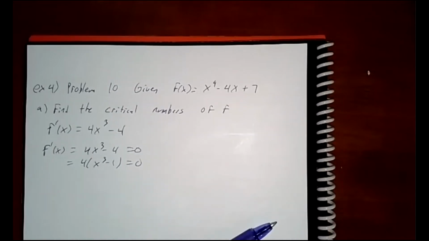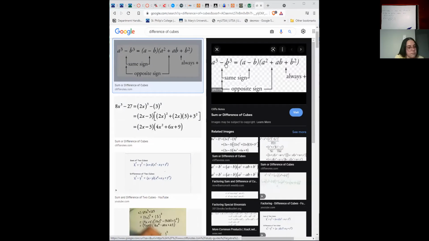Let me pull up the formula because I don't remember what it looks like. There it is. Here's the difference of cubes right here. You have a cube minus a cube, it always turns into this. So we have x cubed and a 1, which can be written as 1 cubed. Should I go ahead and write it here?